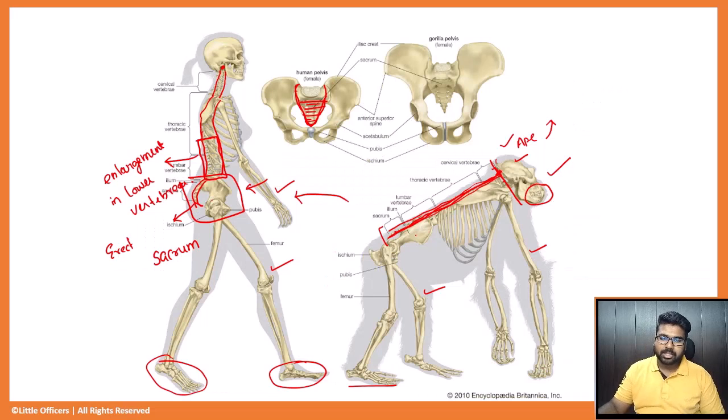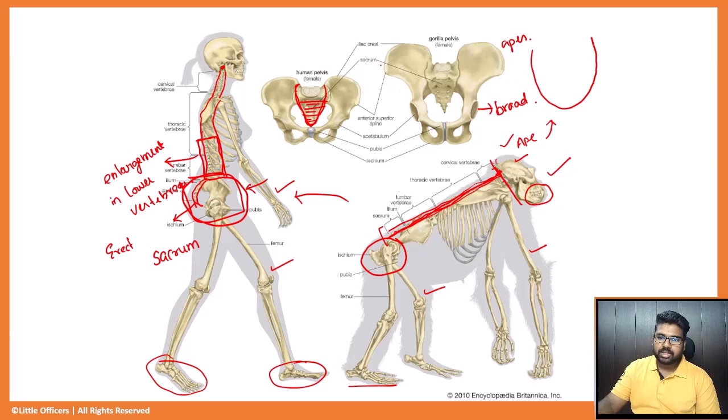Now with respect to the pelvic bone, look at the pelvic bone here and here. Okay. In case of apes, the pelvic bone is almost in the shape of a U and it is very broad. This broad pelvic bone is to support the locomotion of four legs, quadrupedal locomotion.